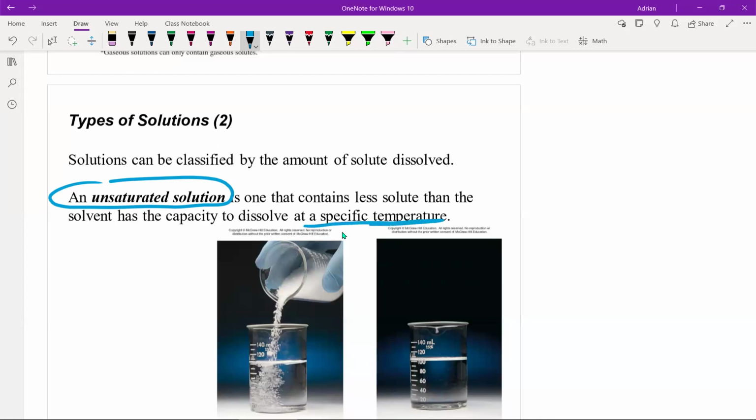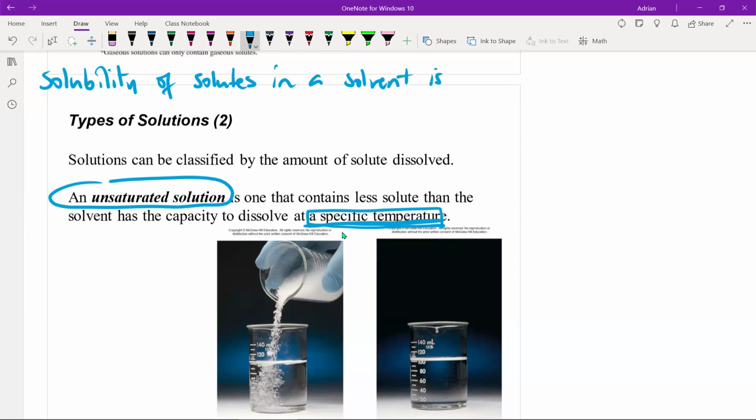When we talk about how much solute can dissolve in a solvent, we usually specify it at a particular temperature because the solubility of something is temperature dependent. The solubility of solutes in a solvent depends on the temperature.